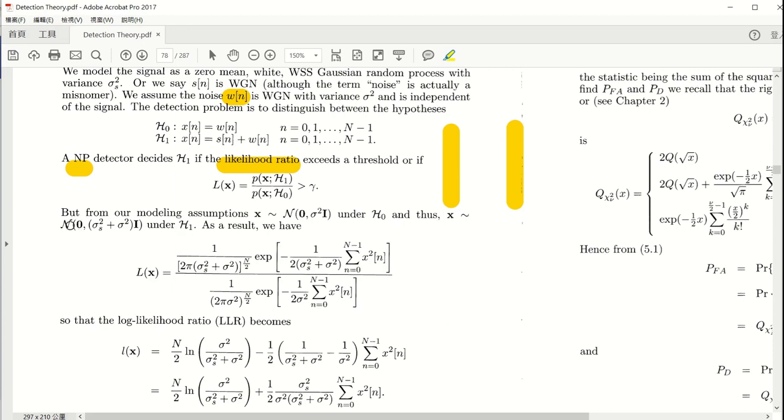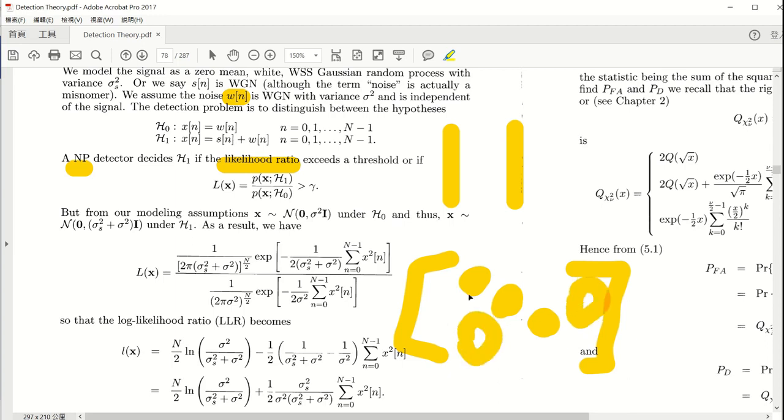By 0, again a vector with all zeros, and then sigma s squared plus sigma square I. So what that means is we have an n by n matrix with sigma s squared plus sigma squared at the diagonal, and then 0 all off diagonal.